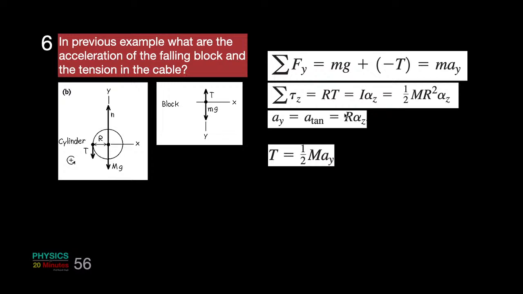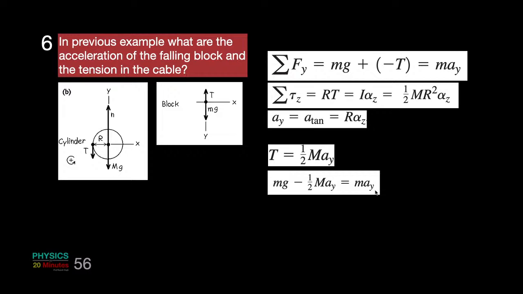So all I can do now is write T, and in place of alpha I can replace Ay upon R. Once I do that and solve it, I get T is equal to half M Ay, and this T value I can use in this equation.